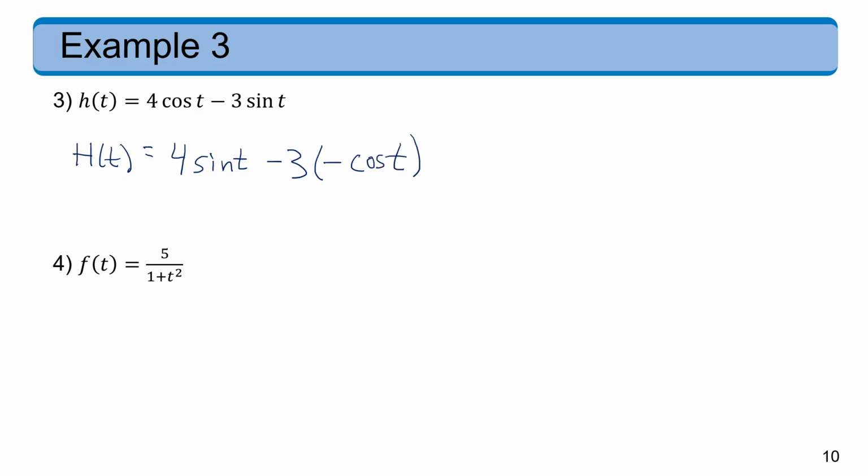Right, so you have to remember that negative sign. And it's because the derivative of cosine is negative sine. So there's an extra factor of the negative that also appears in the antiderivative rule. And then we need to put plus c to make it general. And if you wanted to simplify, we could write it as 4 sine t plus 3 cosine t plus a constant.